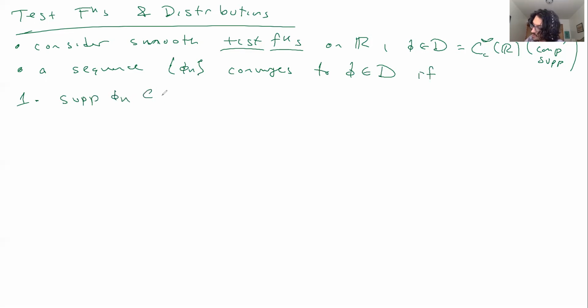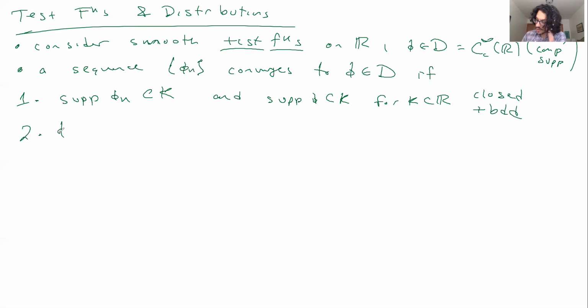If the support of phi n is a subset of K, and the support of phi is a subset of K, for K a subset of R, closed and bounded, okay?